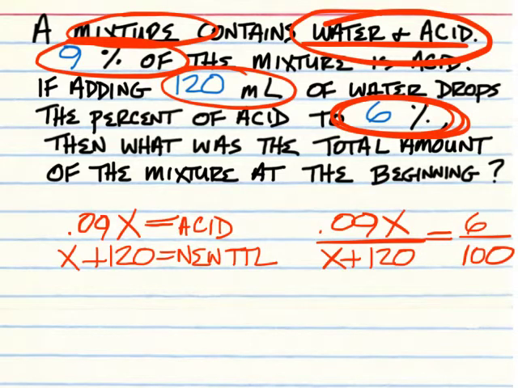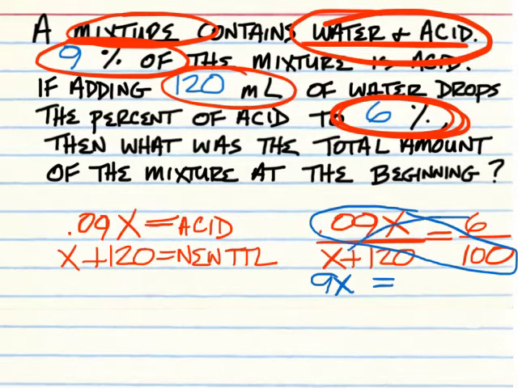From there, you can cross multiply. Multiply 0.09x times 100 to come up with 9x. And then 6 times x is 6x, and 6 times 120 is 720. From there, you solve the equation. Move the 6x to the left and change the sign.